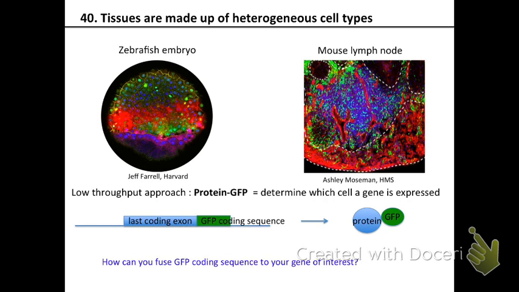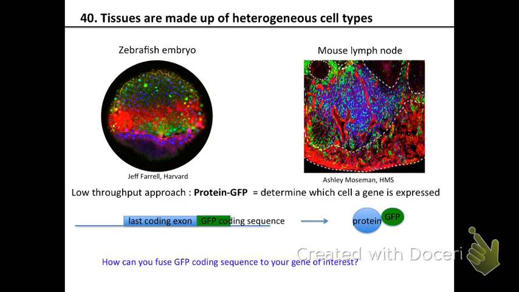Oh, before we go with that, let me ask you this question. How can you fuse the GFP coding sequence to your gene of interest? This is all about previous lectures. If you were going to do this, right, you're going to do this experiment in a mouse. You're going to tag a protein of your interest with GFP. What do you need to do first?